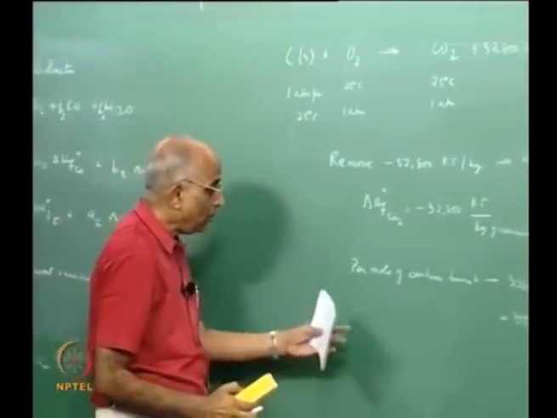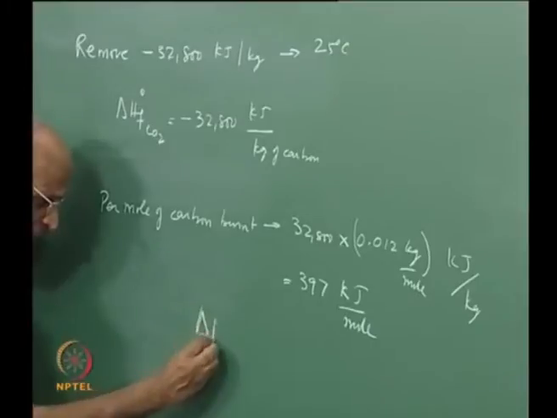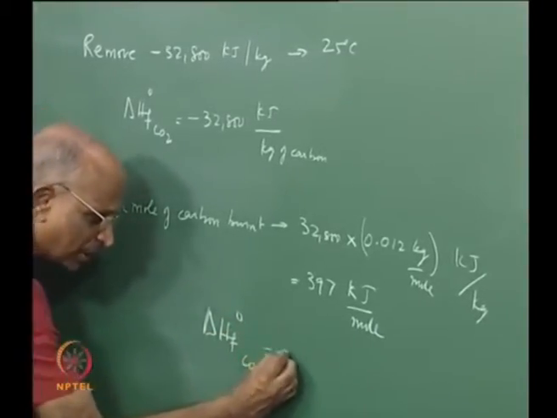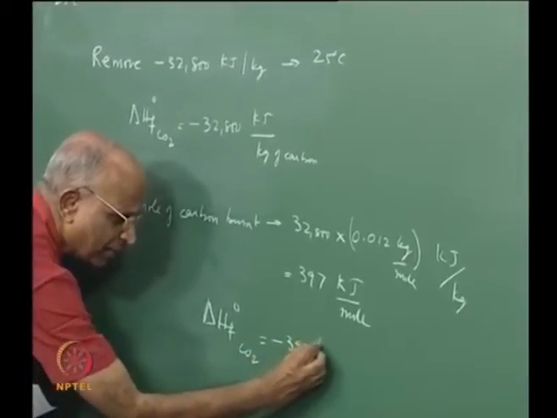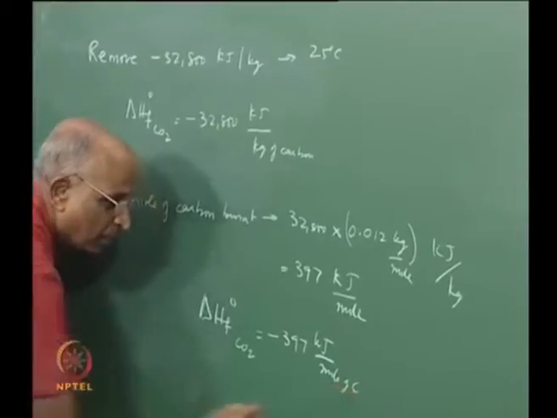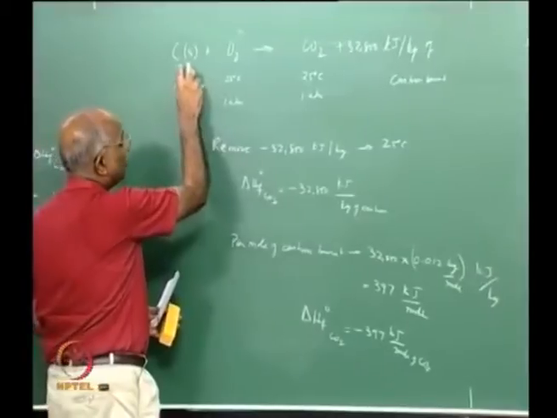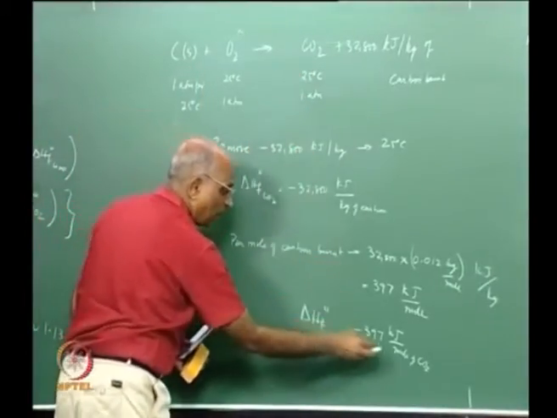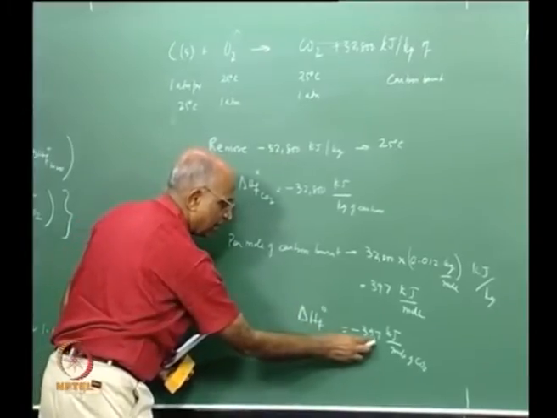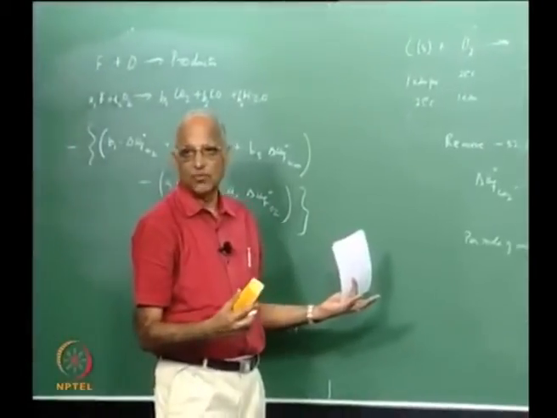And what do I have to do? I have to remove the heat, and therefore I say that the heat of formation at standard state of CO2 is equal to minus 397 kilojoule per mole of carbon, or per mole of carbon dioxide, because 1 mole of carbon gives me 1 mole of carbon dioxide. Therefore, the heat of formation of carbon dioxide is minus 397 kilojoule per mole, and this is how we calculate the heat of formation.